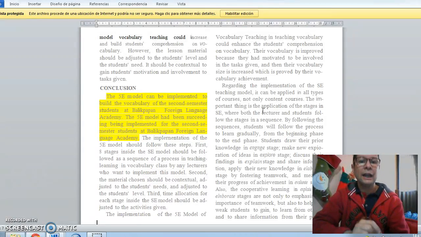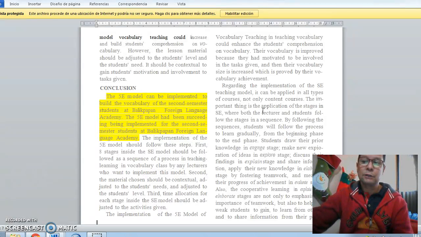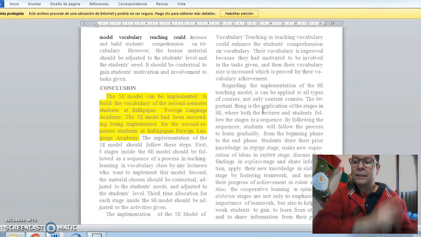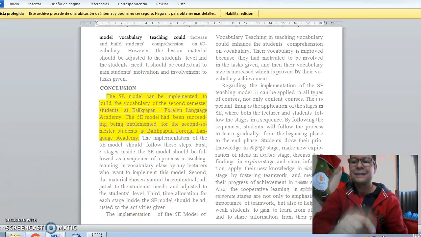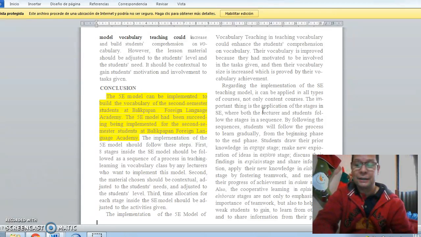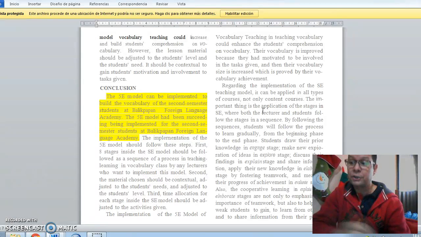The study concludes that the 5E model can be implemented to develop the vocabulary of students studying the second semester in the Academy of Foreign Languages at Balikpapan, which indicates that it is also a quantitative research, because quantitative researchers use statistical inference procedures to generalize the findings of a sample to a defined population.